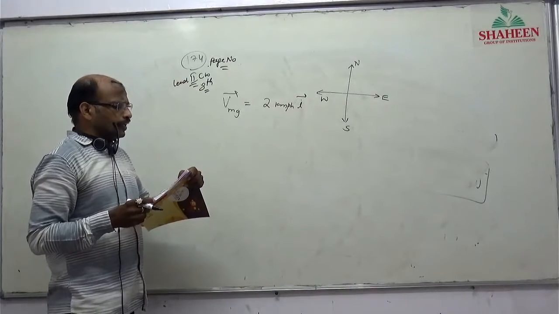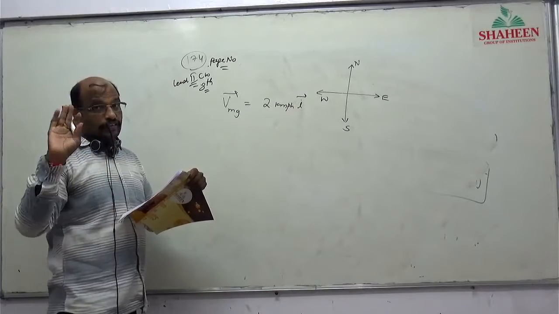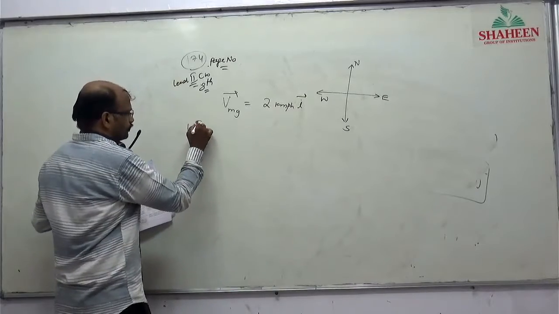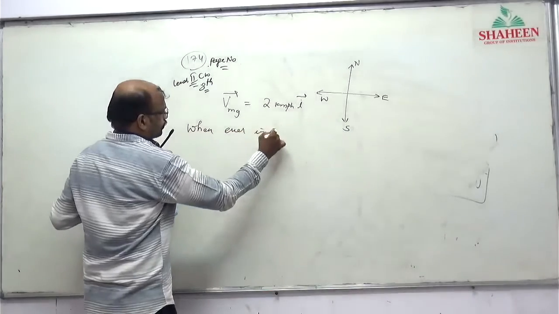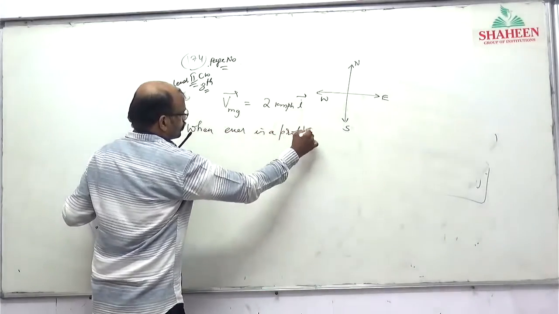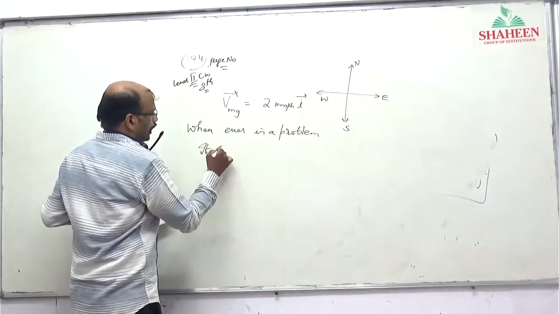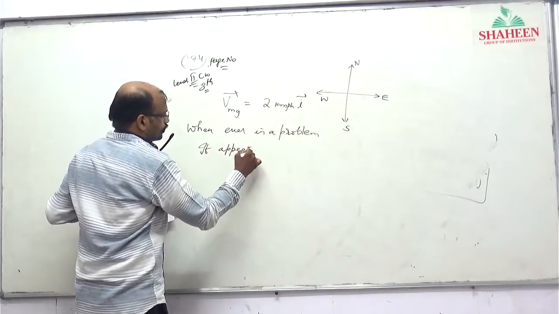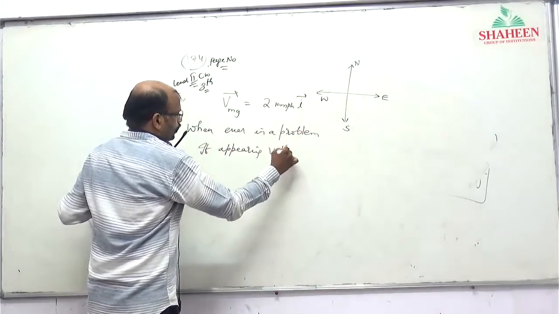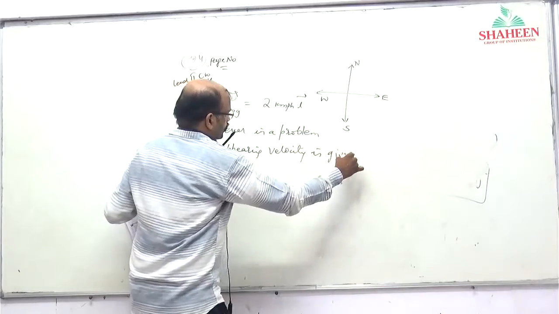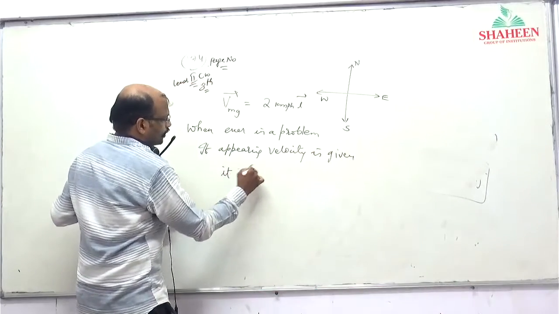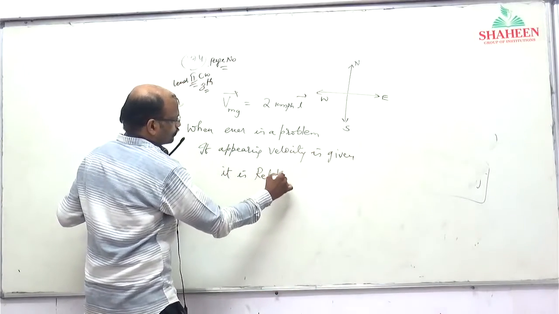Rain appears means relative velocity. Whenever you should understand this point, whenever in a problem appearing velocity is given, it is relative velocity only.